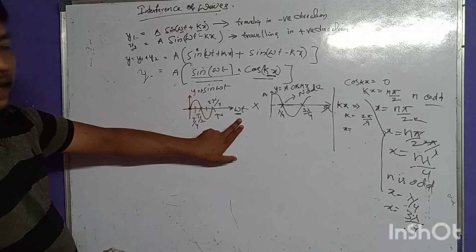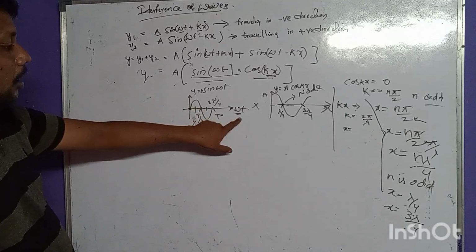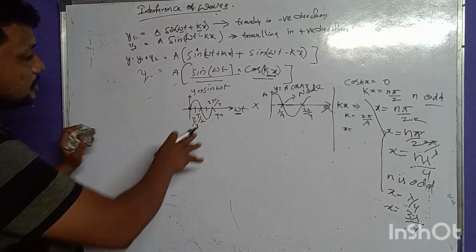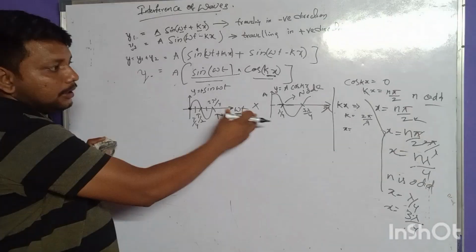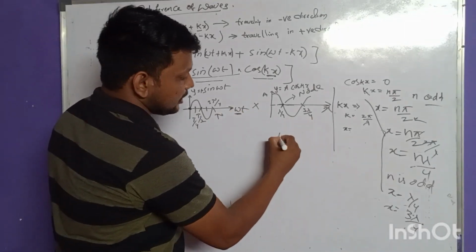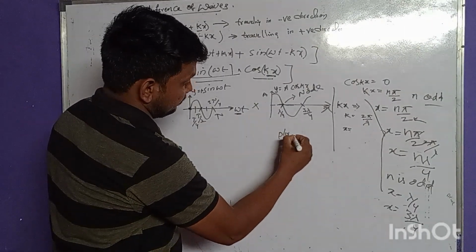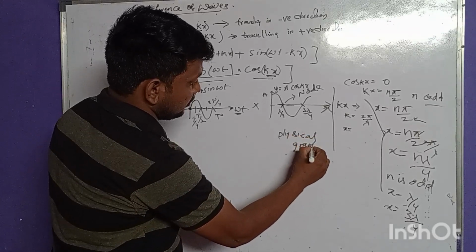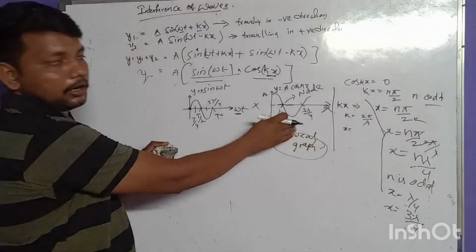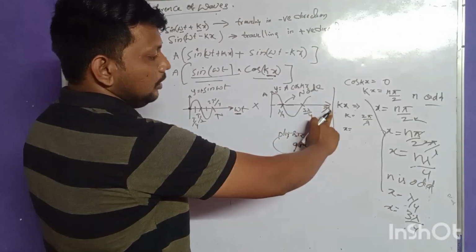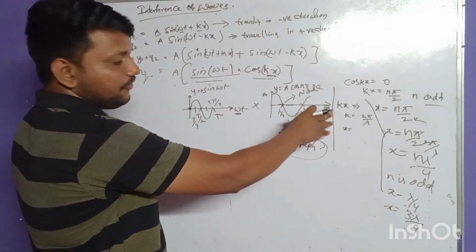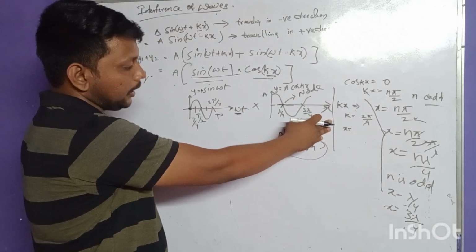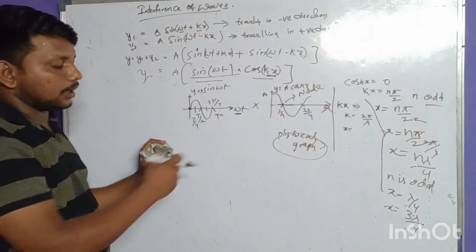The position-time graph is imaginary because we can't see the time, right? But this graph is a physical graph. We can watch this graph because it is position space, that means a physical quantity, right?